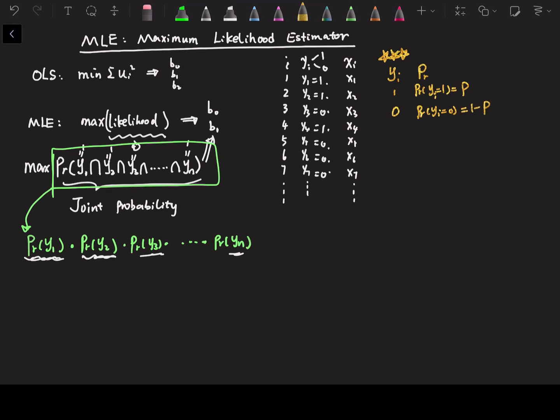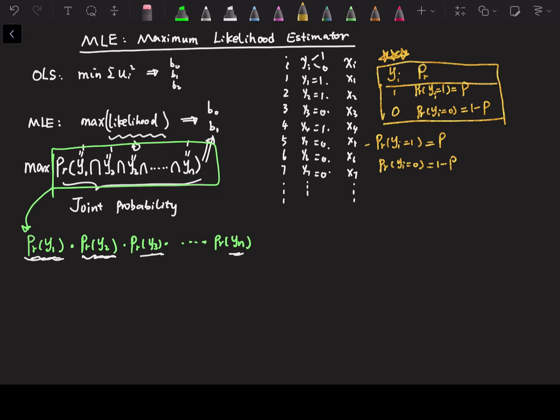Now we can write it this way. The probability that y is 1, you know that is p, is given. And the probability that y is 0 equals 1 minus p, is given. And now we want to generalize this equation.